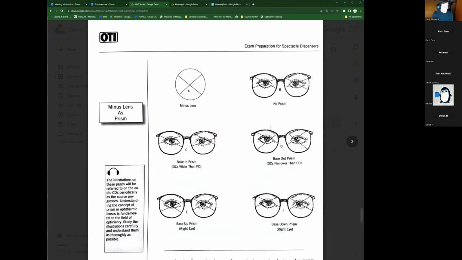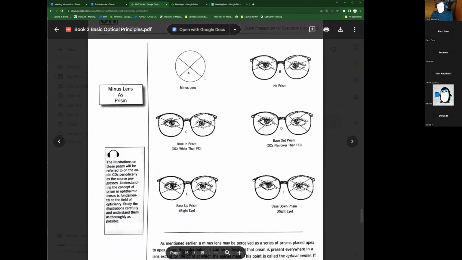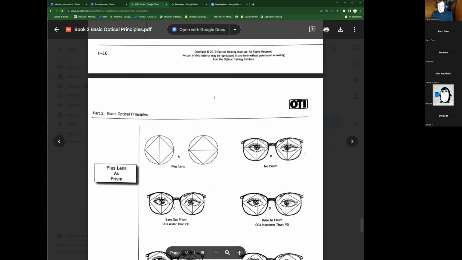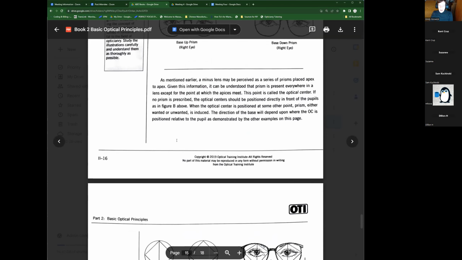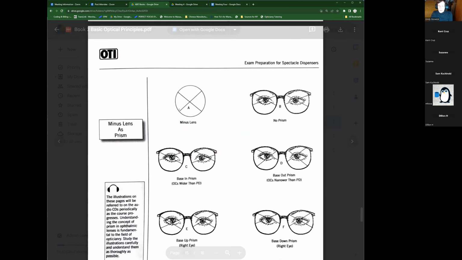So anyway, we looked at these pictures, some of the first things that were mentioned. Remember that when they're drawing out lenses here, they show the minus lenses first, and then they go into the plus lenses. If you can see where my mouse is, I'm circling over the A picture here.